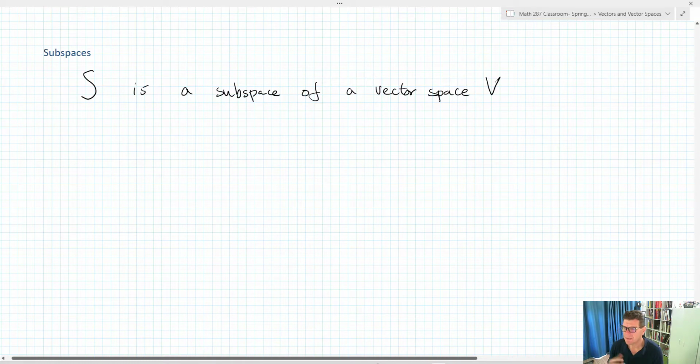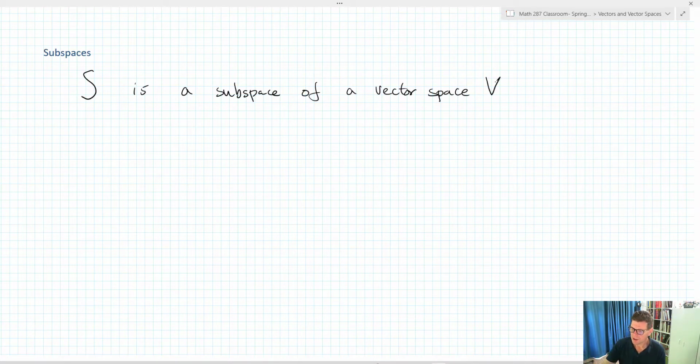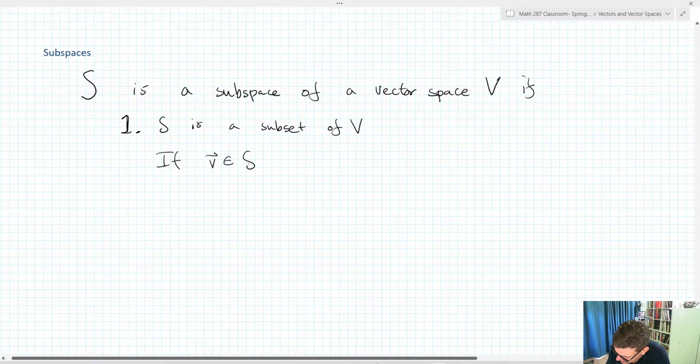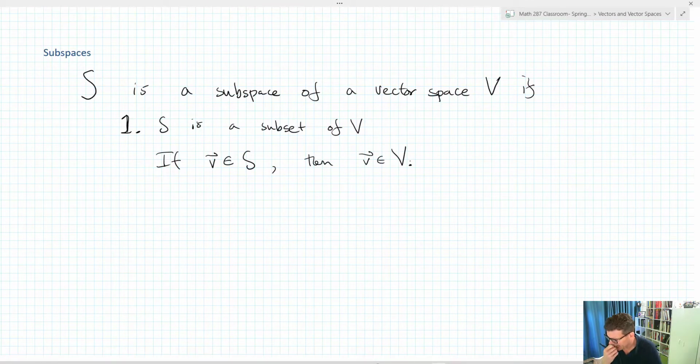So, if one, S is a subset of V, and let's talk about what it means to be a subset of V. A subset of V, say for example, is: if v belongs to S, then v also belongs to V. So basically, if v is an element inside of my subspace S, then it's also going to be an element in V. Okay, right?